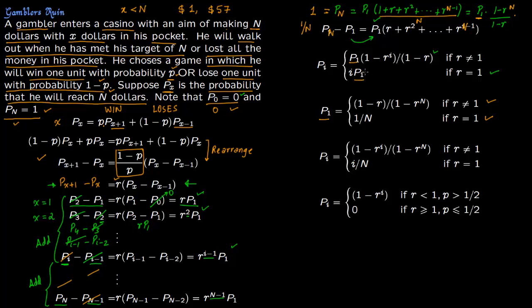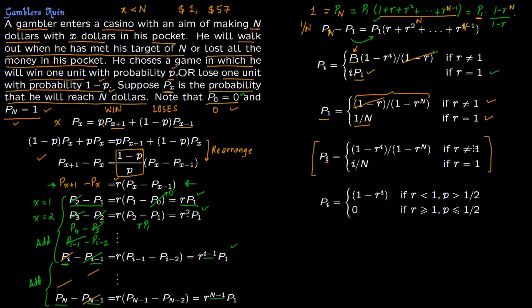You substitute this P1 here, you get i by n, and then you substitute this right here, and you get (1 minus r to the power of i) divided by (1 minus r to the power of n), because this 1 minus r will cancel with this 1 minus r, and instead of P1 you have written 1 by n, you get i by n. So this is your P_i, and you have i dollars in your pocket. So this is the probability of winning n dollars.